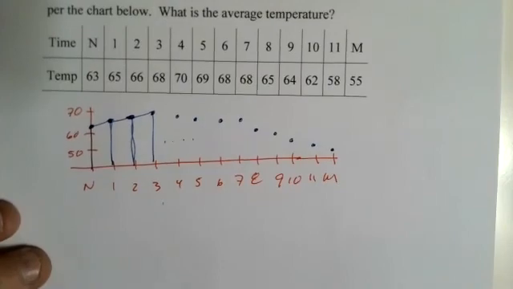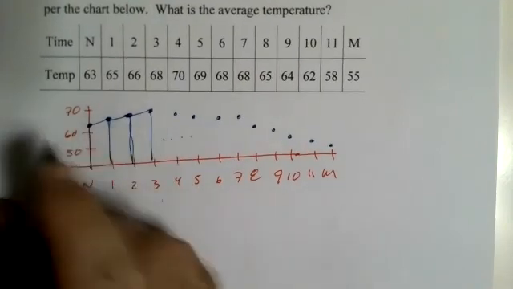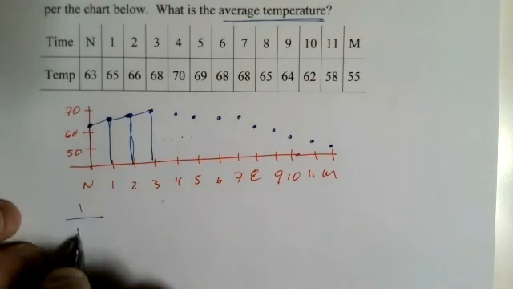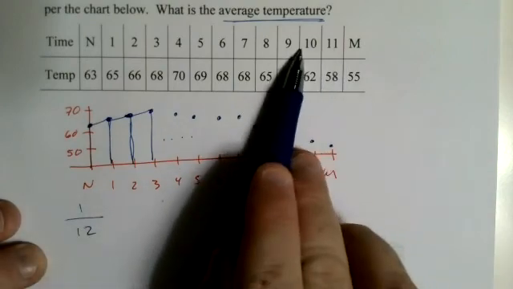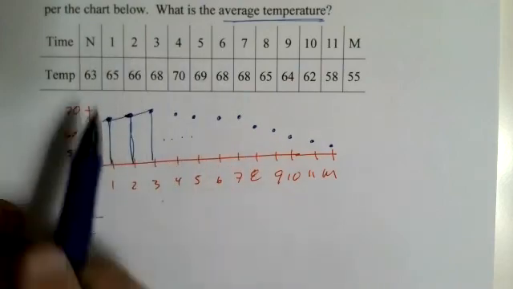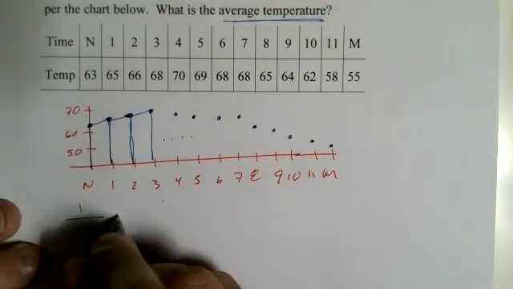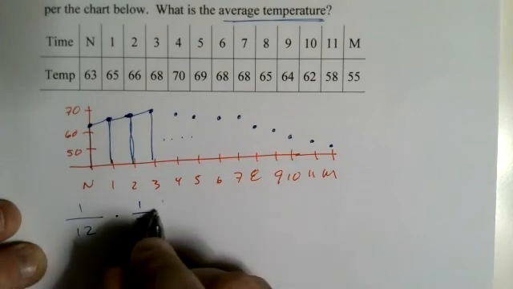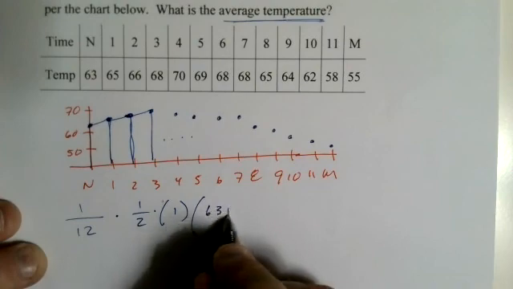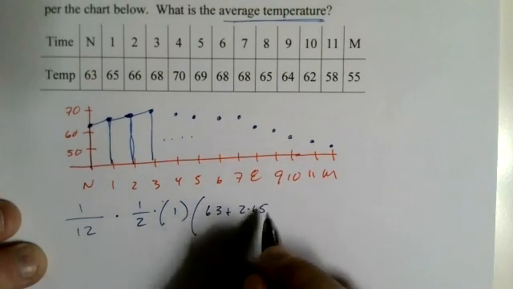But now I look at it and I say, okay, I understand what I'm doing. First off, average temperature, RTFQ, read the full question. 1/12. That's 1, 2, 3, 4, 5, 6, 7, 8, 12 gaps from noon to there. Times 1/2 times 1. That's the width of each gap. 63 plus 2 times 65. Wait a minute.